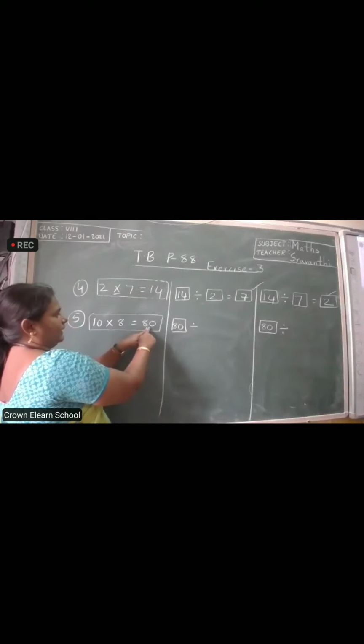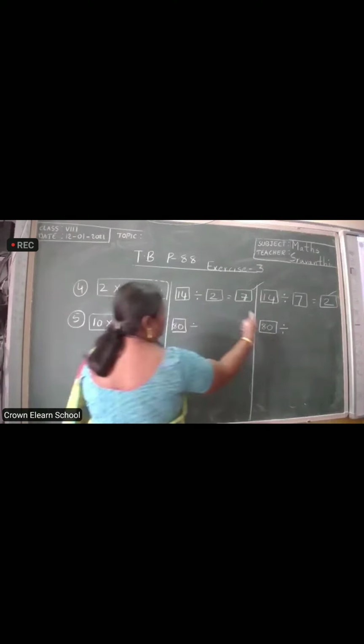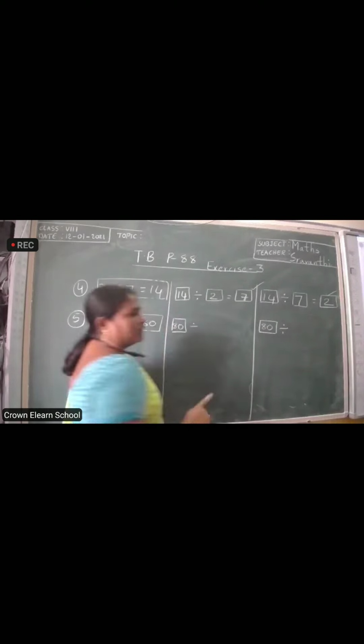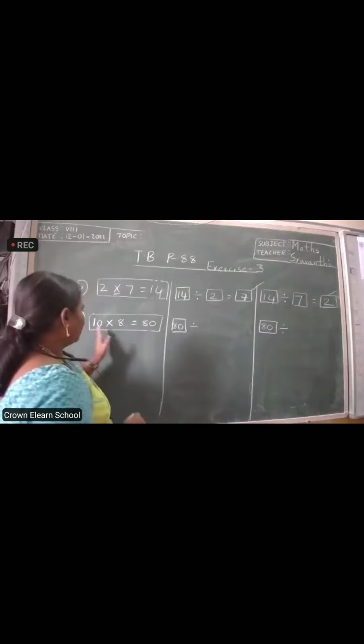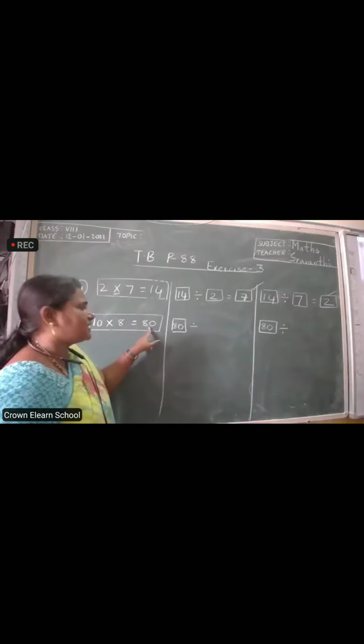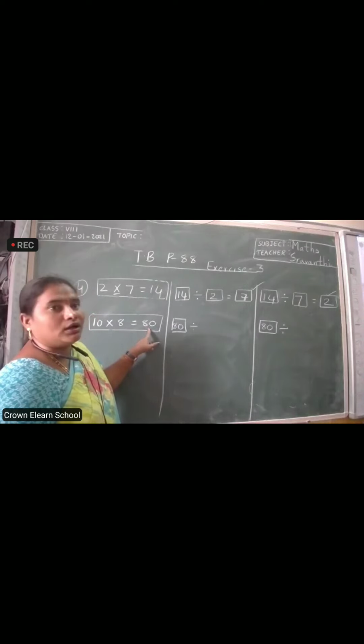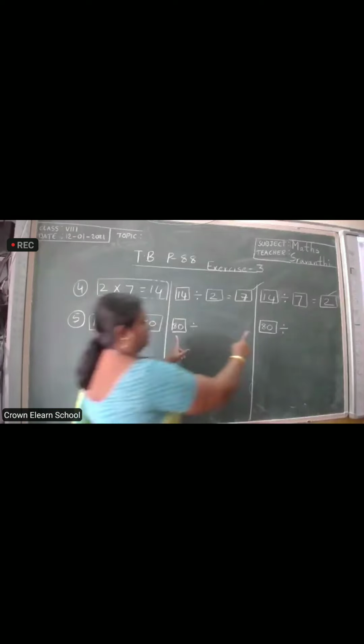Understood? Take 80 and write 80, 80 for the 2 division facts as the first number. Here 10 8s are 80. This is the last number, the answer. We get the answer at the last only, no? So the last number we are taking as the first number.